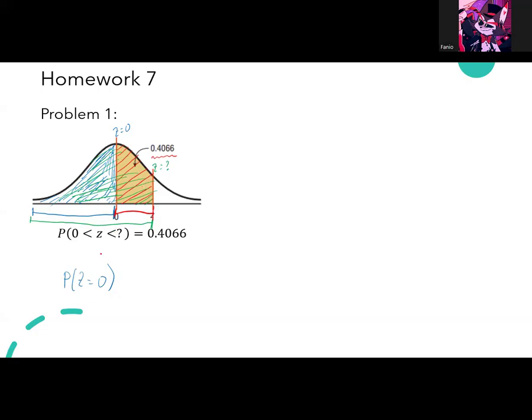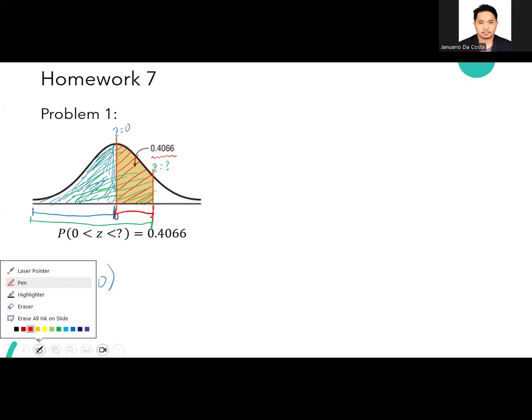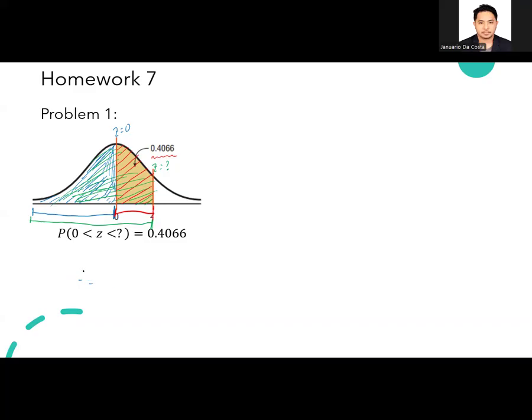Okay, and now how do I express that? I express this as a probability, meaning the probability that z is between 0 and some unknown value. That's why I write between 0 and some z value.